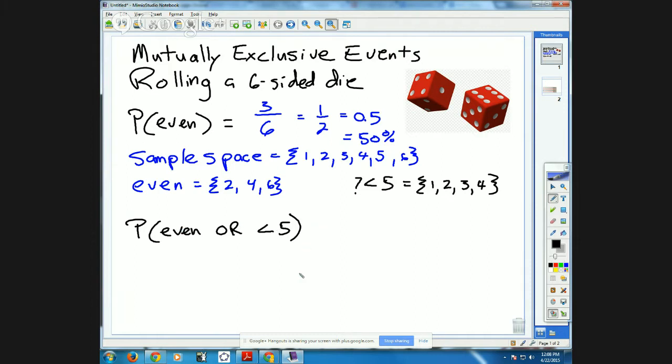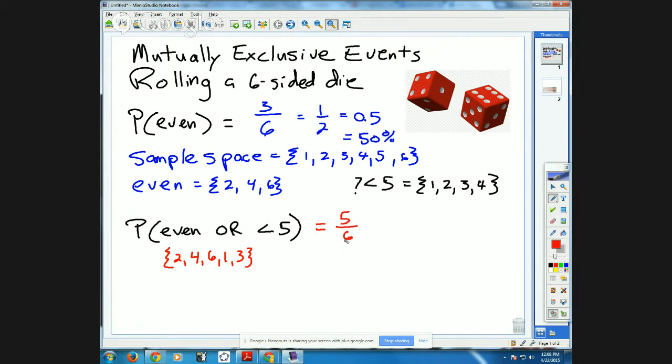So I could start making a list of those options. Let's write down which numbers are that. I've got the even numbers, 2, 4, and 6. Numbers that are less than 5 would be 1, and now I'm not going to write 2 because I already wrote it down, but 3. And I'm not going to write 4 because I already wrote it down. Okay, so there are 1, 2, 3, 4, 5 numbers that are either even or less than 5. So I believe the probability here is 5 out of 6.